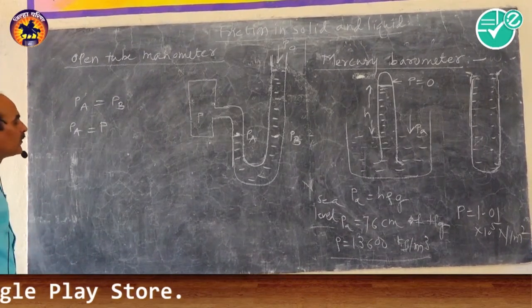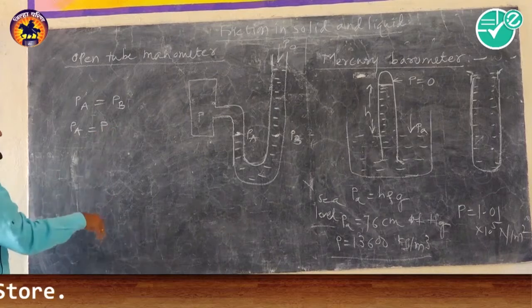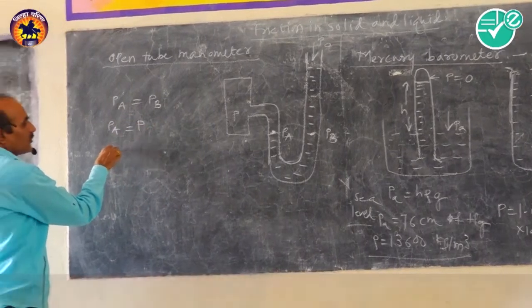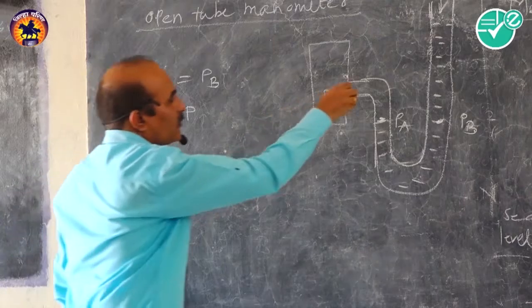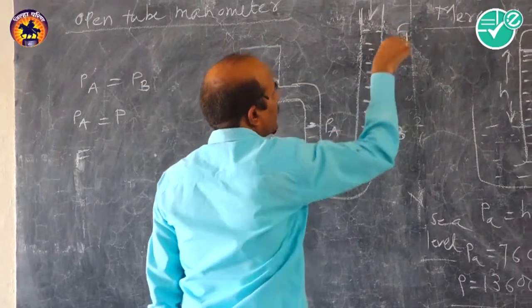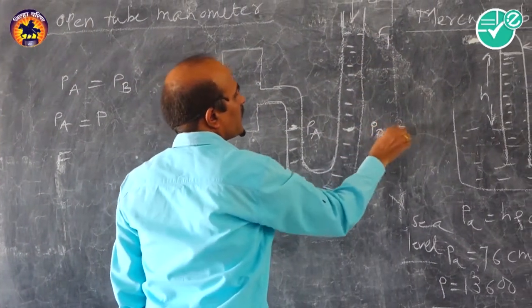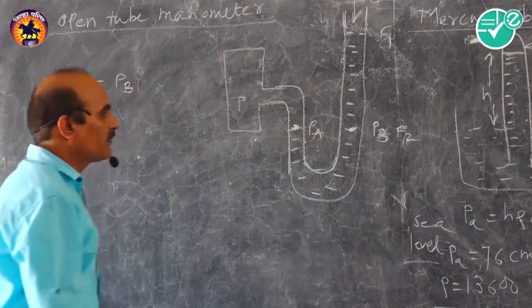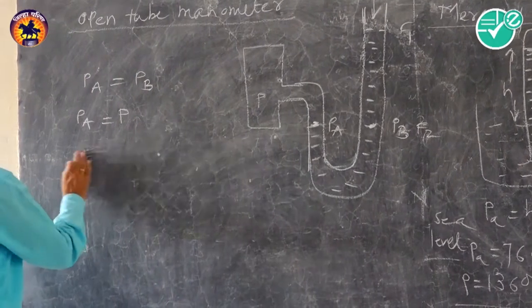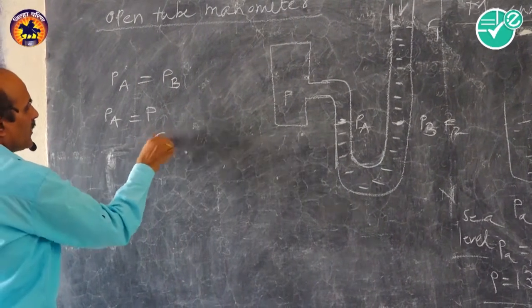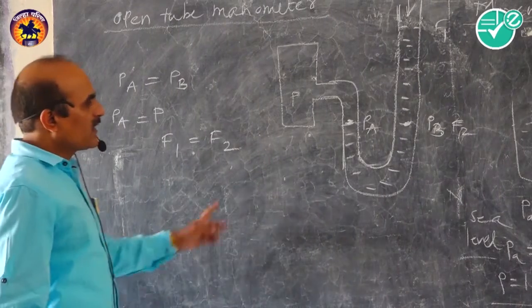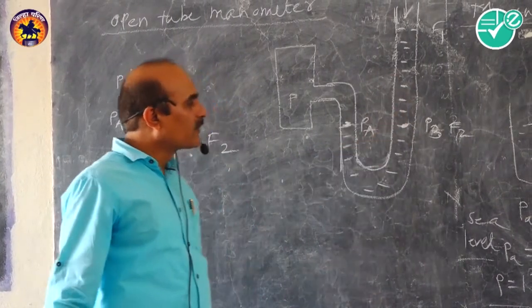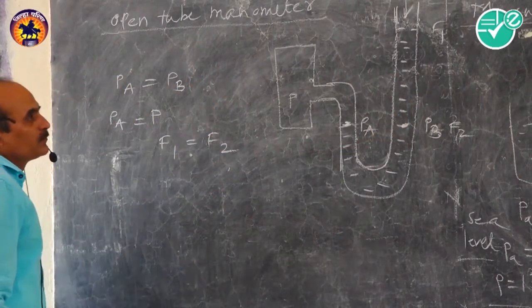We know the two forces acting on it: due to the pressure P0, suppose the force here is F1, and the other force is F2. The liquid is in equilibrium, so F1 is equal to F2. F2 is the upward force or upthrust.